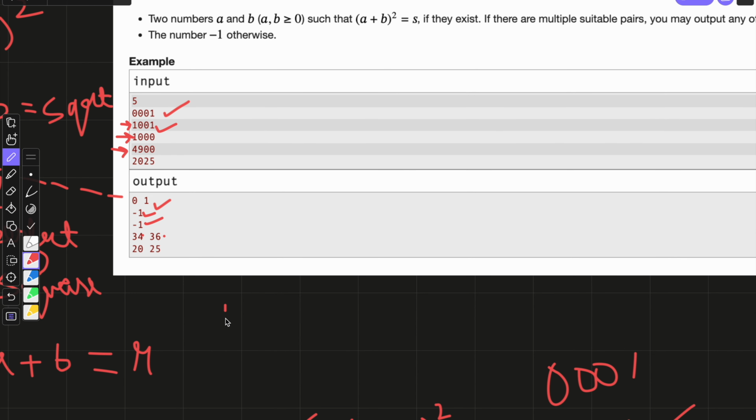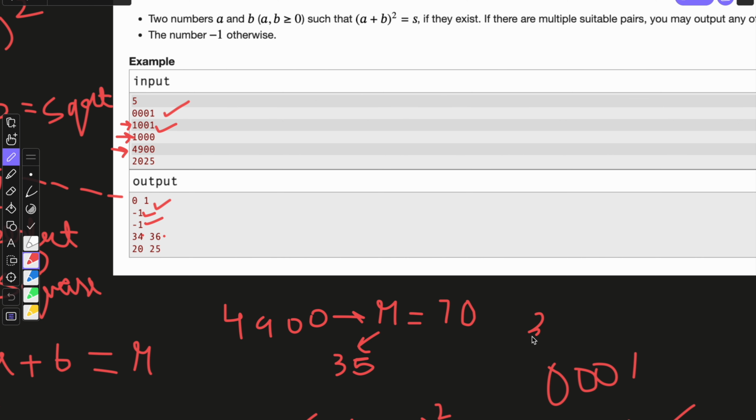Let's understand. 4900, r would be 70, right, and r by 2 would be 35. Either we can do a and b as 35 and 35.